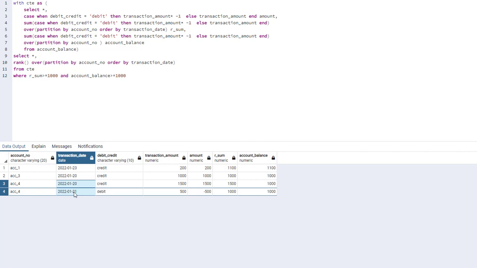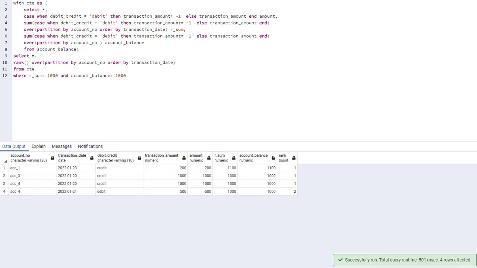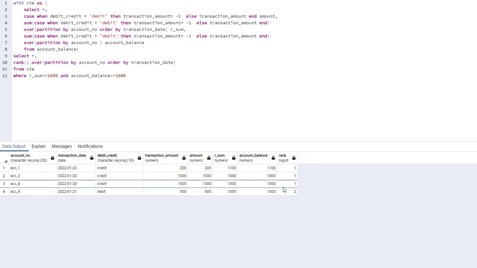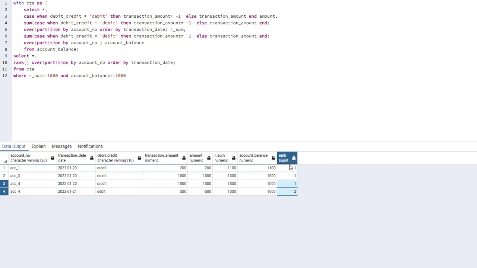The minimum has 1, the second 2, and so on. Got the point, right? Okay, let's run this. See, as expected, we have 1 here, and this is when account 4 first reached 1000. So we're going to keep only the rows where the rank is equal to 1.